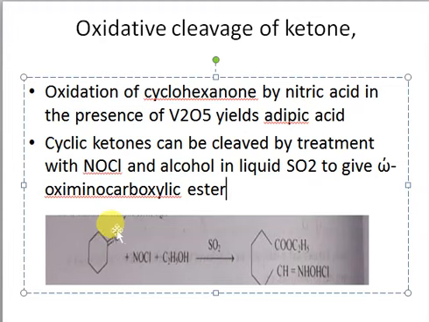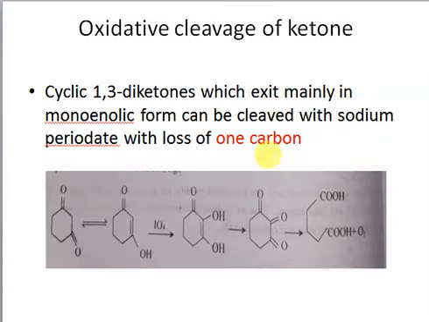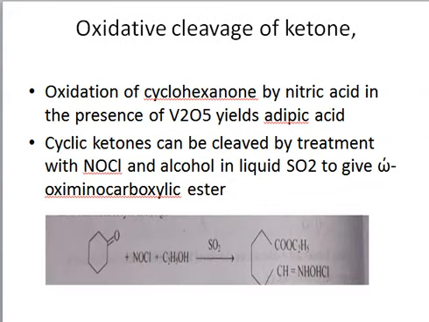So one of the carbonyl groups will be converted into an ester, while the other carbon will be converted into an oxime. So here we have an oxime, you can see that. So this is oximino carboxylate, or you can say that we have a carboxylic ester and an oxime on one end.